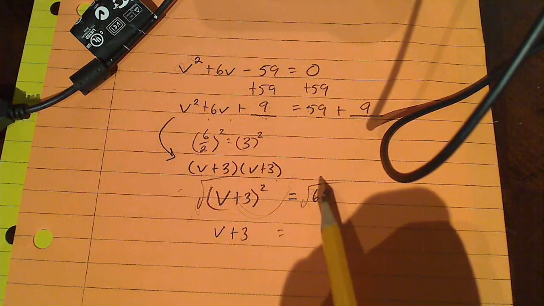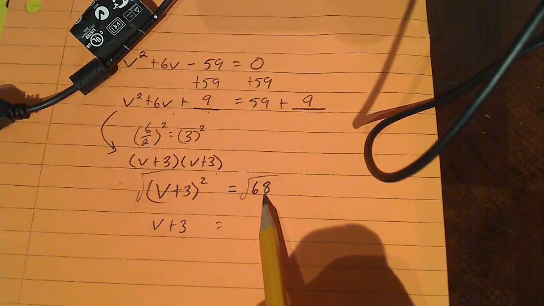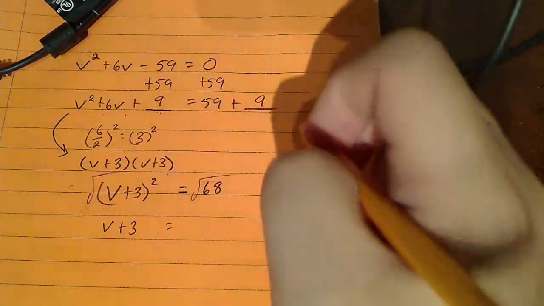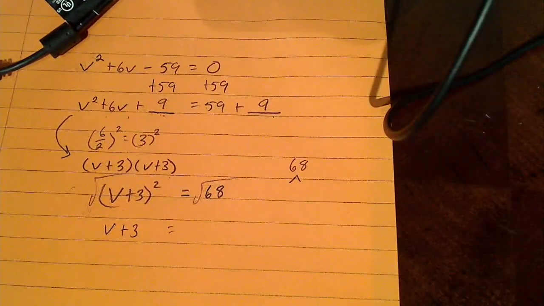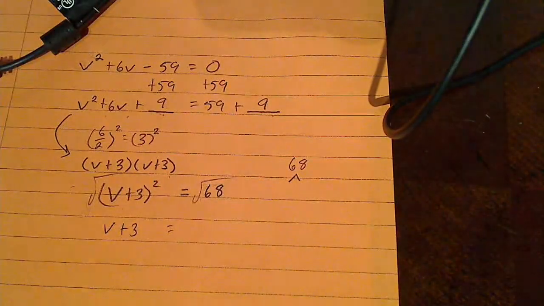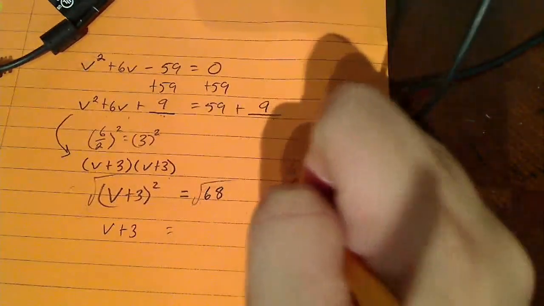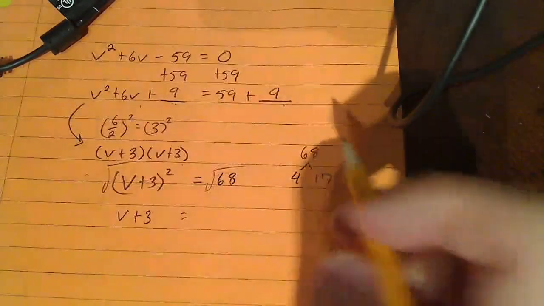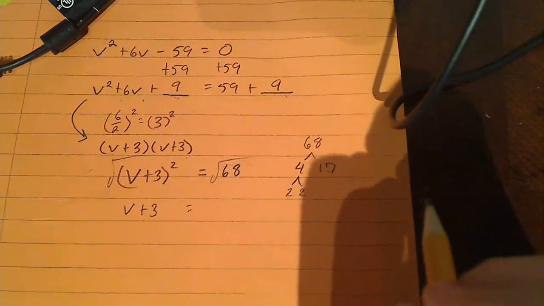Okay. Now, I'm not going to quite leave this as the square root of 68. This is going to go back to another skill or concept about how you simplify radicals, which I'm going to show you real fast again. If I take 68, that would be the same thing as 4 times 17. And then 4 would be 2 times 2. 17 is just 17. Can't do anything about it.